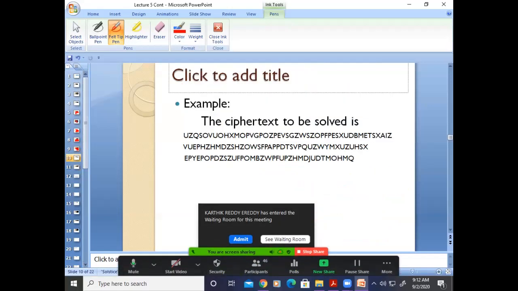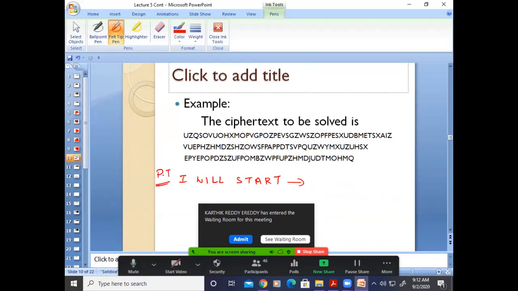Now see the example. This is the ciphertext. Maybe the message is very lengthy. The ciphertext is given, but how can we get the plain text? Now you may get a doubt. First, suppose I will start. This is the plain text.